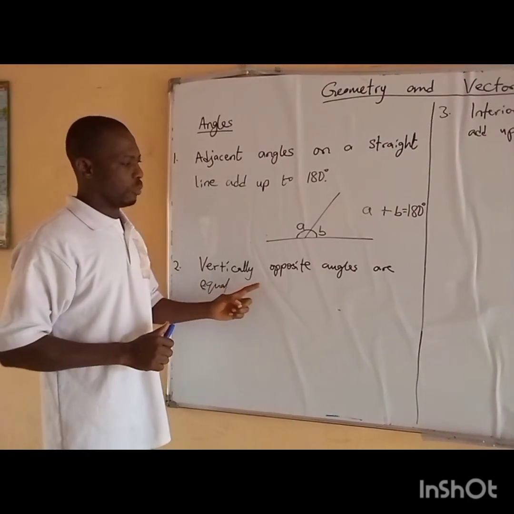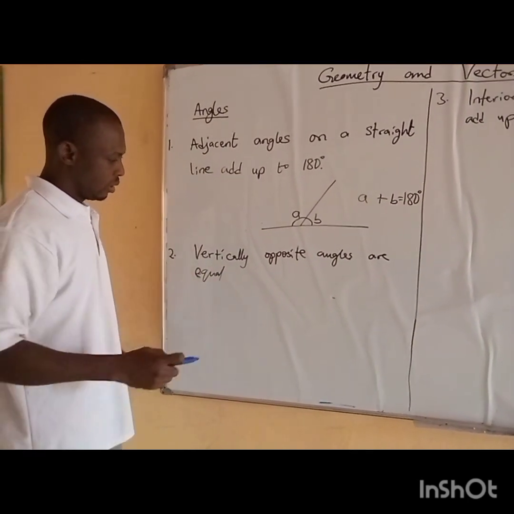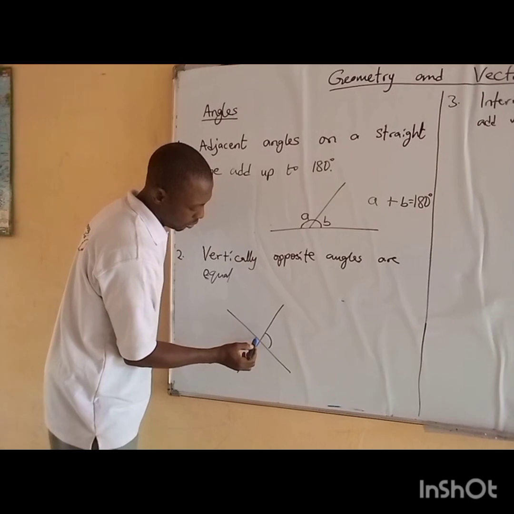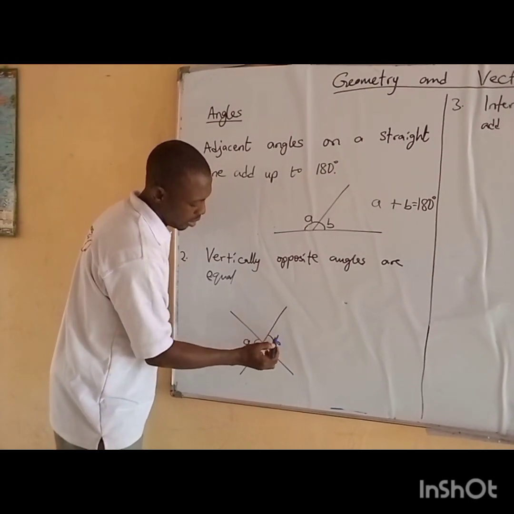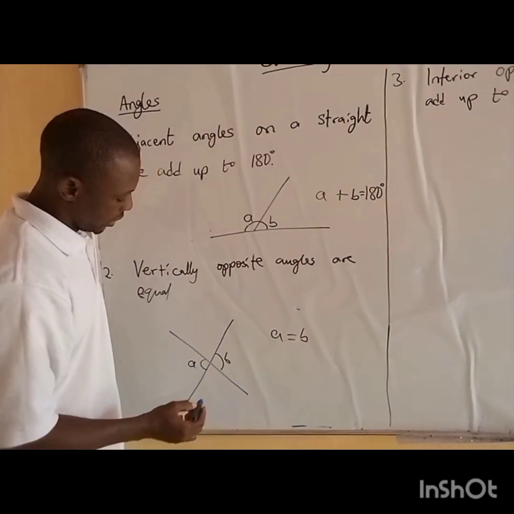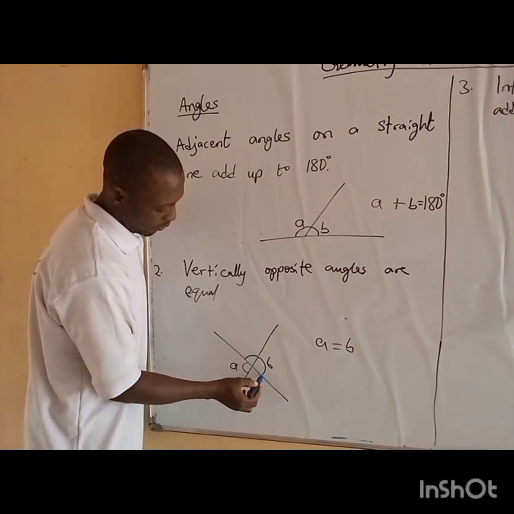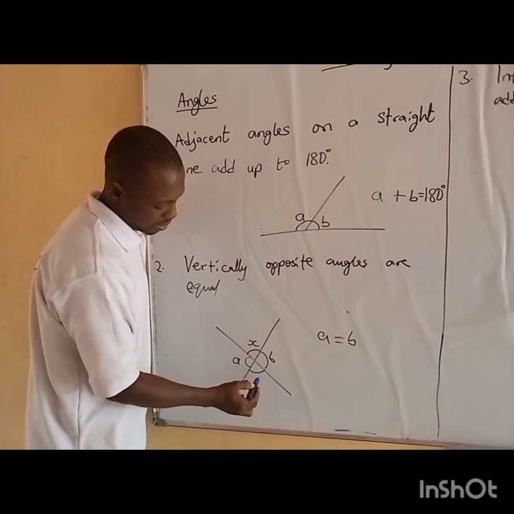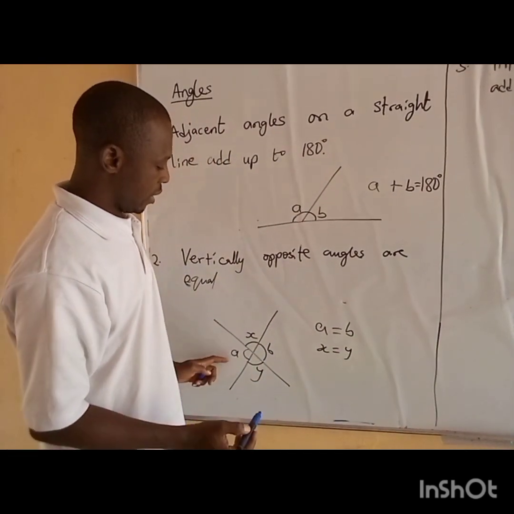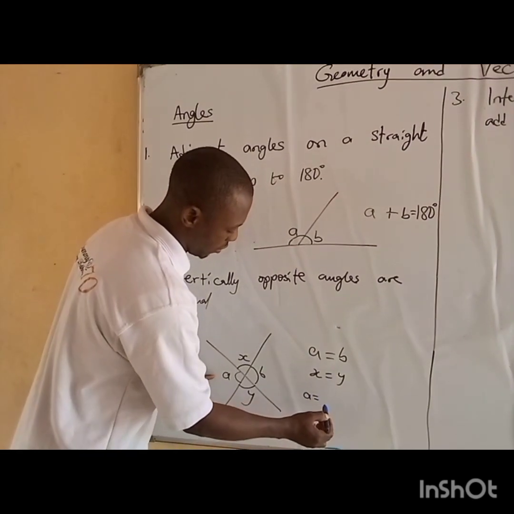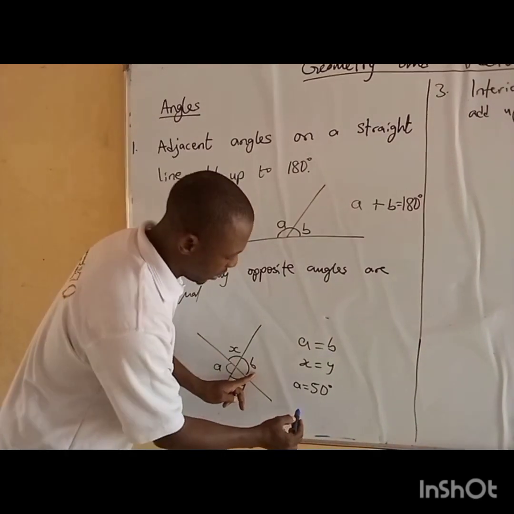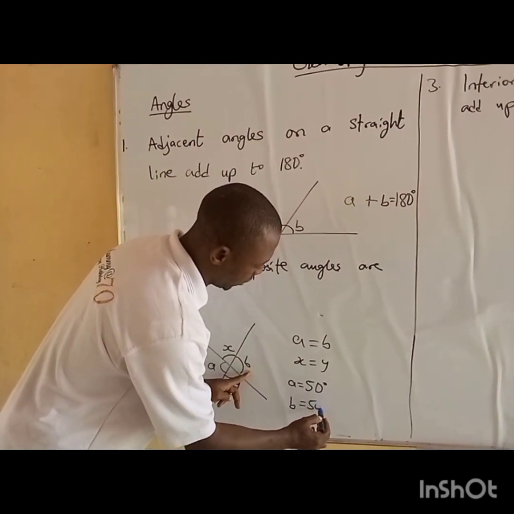Number two, vertically opposite angles are equal. This means that if we have two angles opposite each other, it means A is equal to B. And if we also have two angles this way, and maybe this is X, this is Y, it also means that X here is equal to Y. This means that if A is equal to, let's say, 50 degrees, it also means B is also equal to 50 degrees.